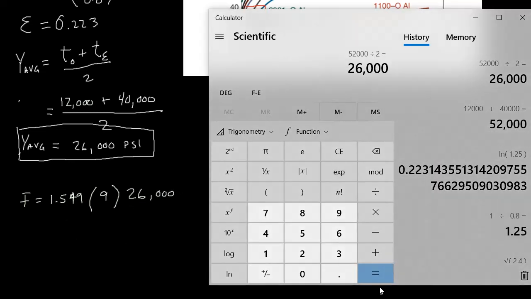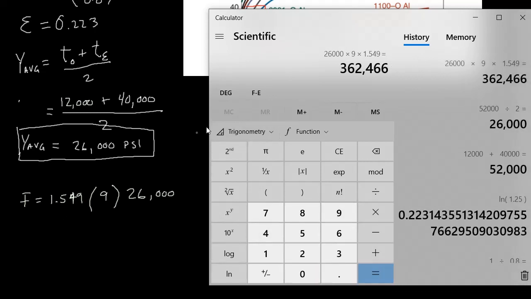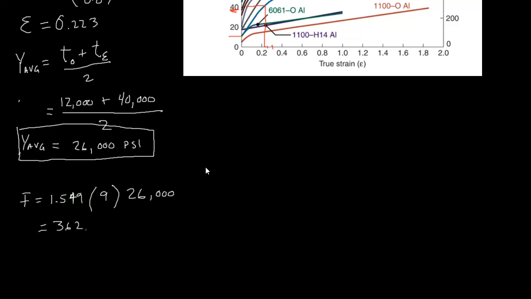So 26,000 times 9 times 1.549 is equal to 362,466 pounds. So that's quite a few pounds of rolling force. It's pretty huge, actually.